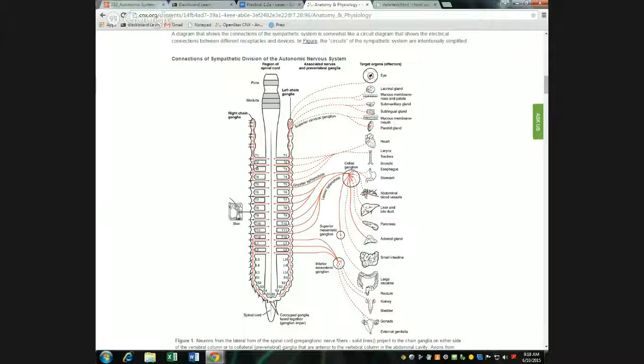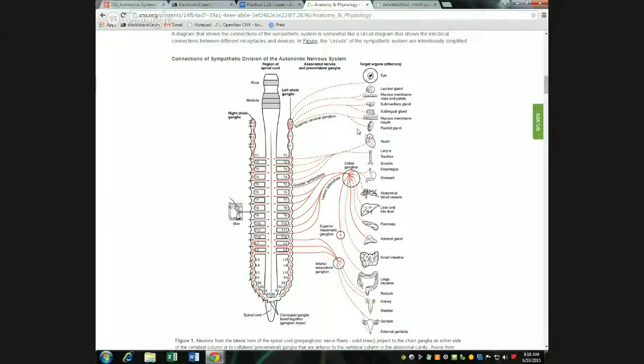For the sake of this picture, the axons that go from the spinal cord to the ganglia are depicted as solid lines. And then axons that go from the ganglia to the target organs are depicted as dotted lines, because there's two axons that we're talking about here, two neurons involved in this.